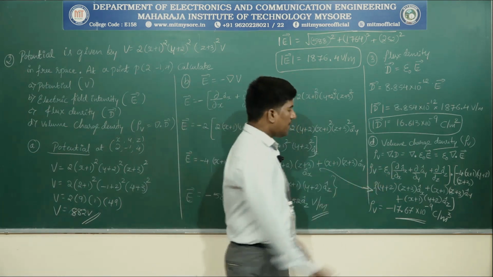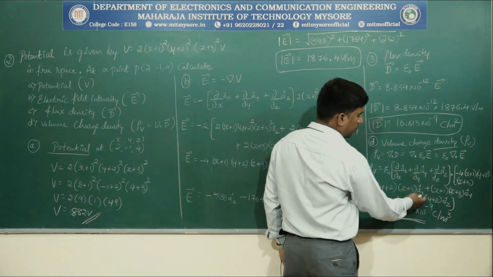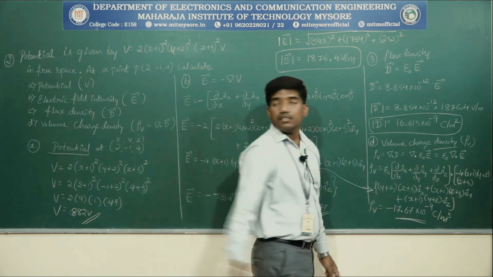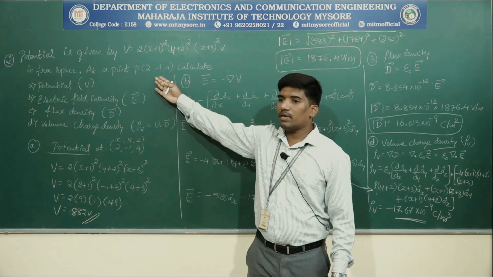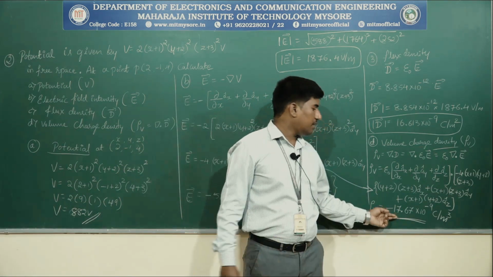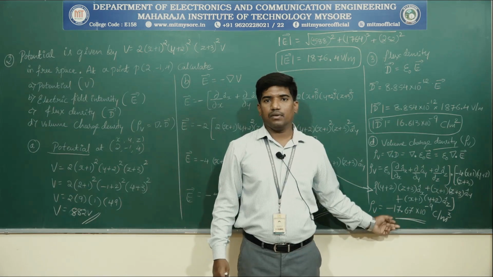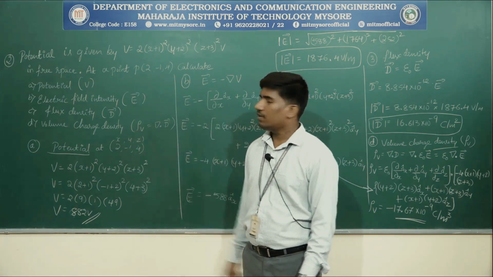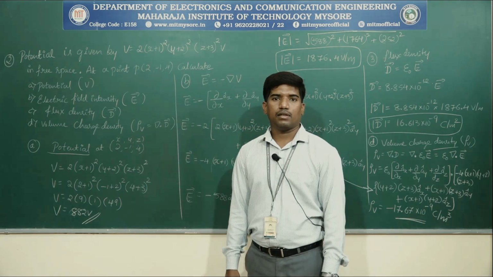You need to solve this: take the dot product between these two terms and substitute for x, y, z, so we get this value. This is how you need to solve this type of problems. Thank you.